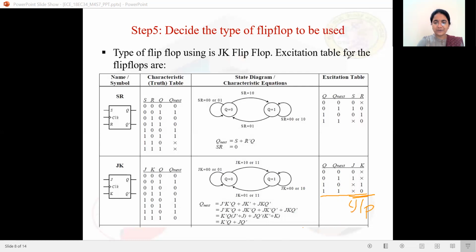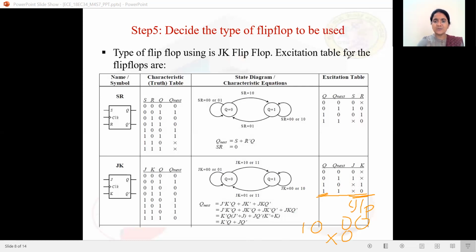For that, we input 1, 0 to the flip-flop. And if you want to keep the present state the same, then we input 0, 0. So our input to the flip-flop is x0 when the present state is 1 and the next state is also 1.